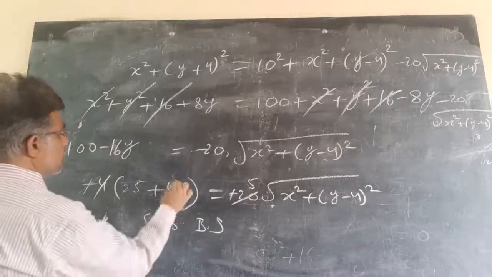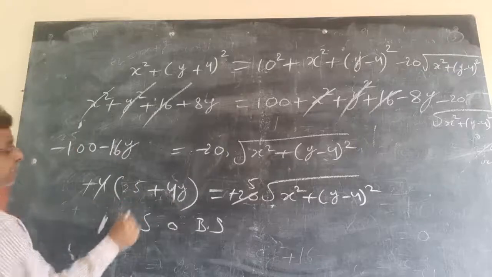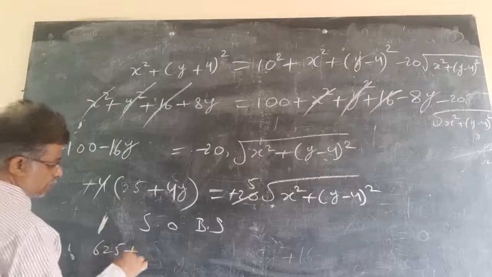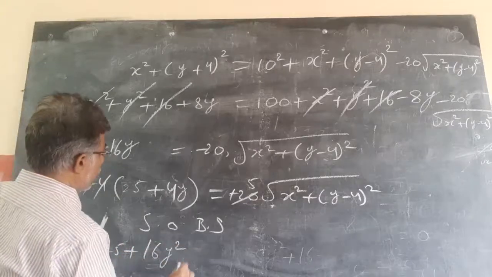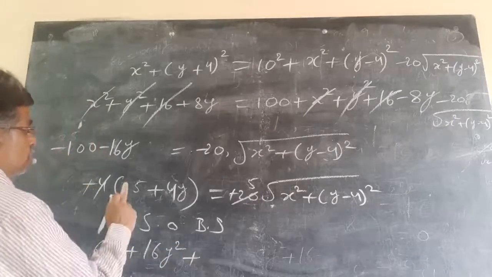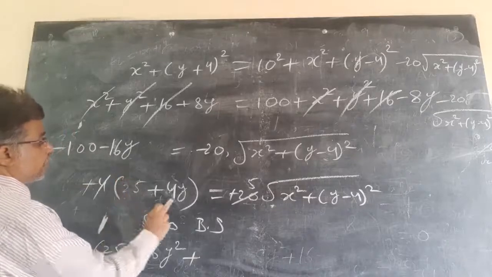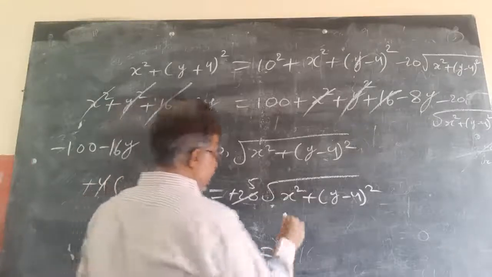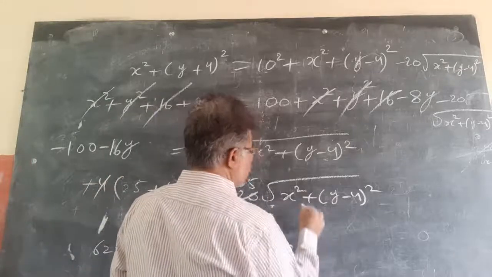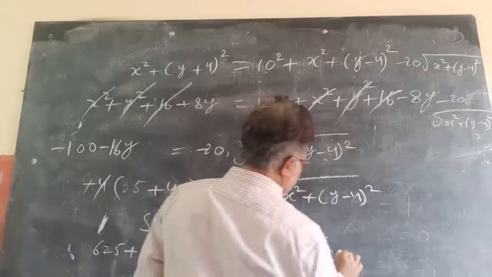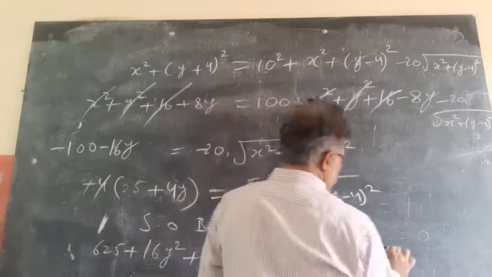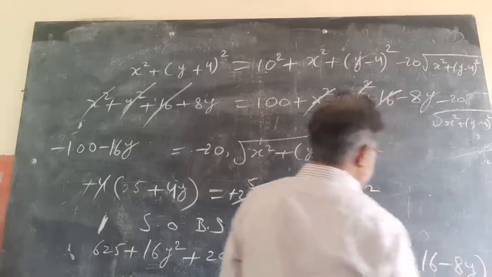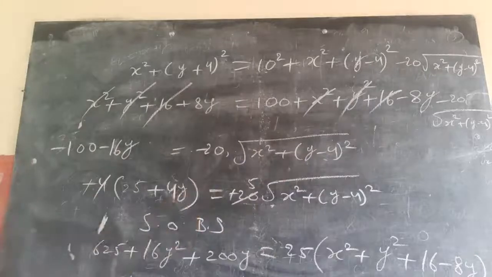Now squaring on both sides, it becomes 625 plus 16y square plus 200y, equal to this side 25 into this square. The root will get cancelled: x square plus y minus 4 whole square, that is y square plus 16 minus 8y, using a minus b whole square, a square plus b square minus 2ab.